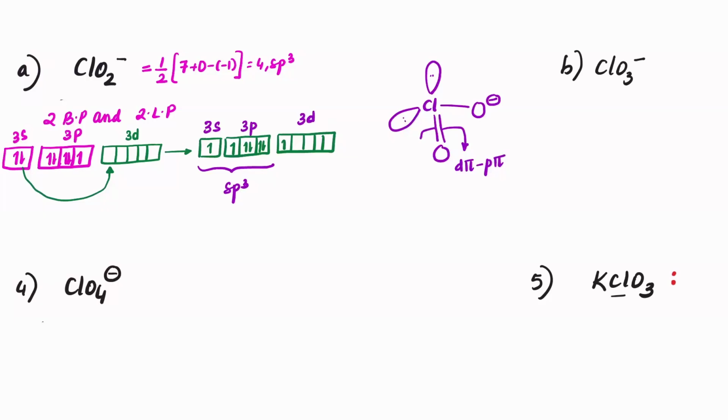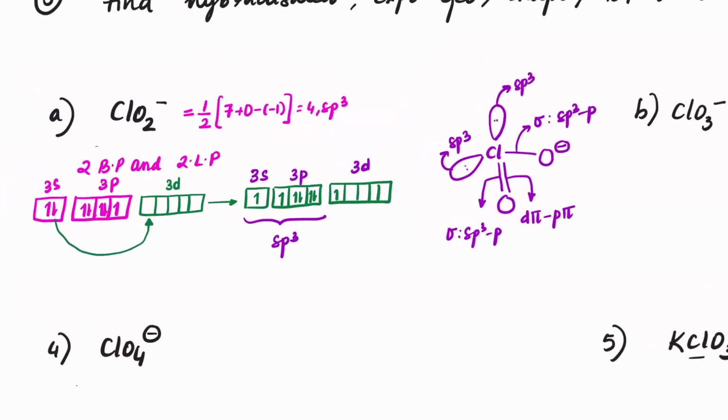And the sigma bonds which you are making are between sp3 and p. This sigma bond is also sp3 and p. And these lone pairs are in sp3 hybridized orbitals. Okay, so please check this out.